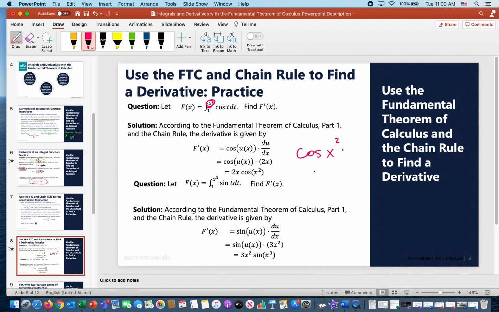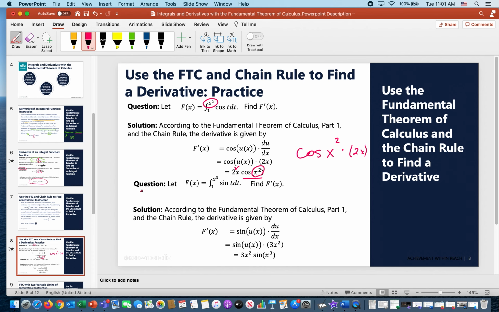The problem comes in, though, when we take this derivative, there is a chain rule episode that goes on. So I need to multiply this by the derivative of that upper boundary. Okay, so when we say the derivative of F of x is cosine x squared, we have to multiply by the derivative of x squared, which is 2x.